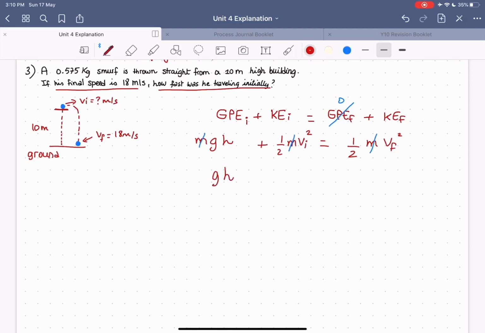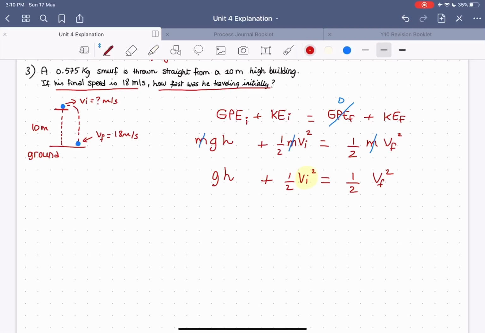So we will have gh plus half velocity initial squared is equal to half velocity final squared. The equation is getting simpler. Highlight the thing that we need to find. This is the thing that we need to find.